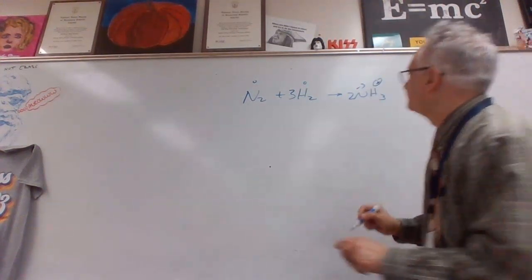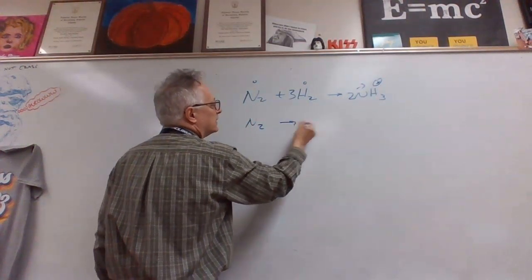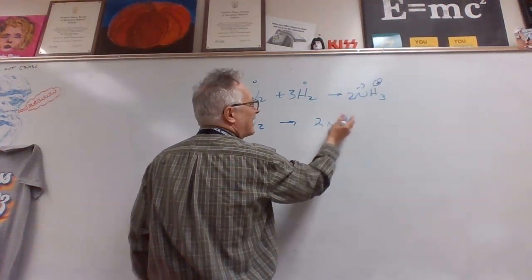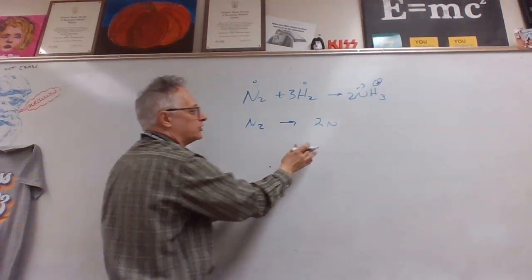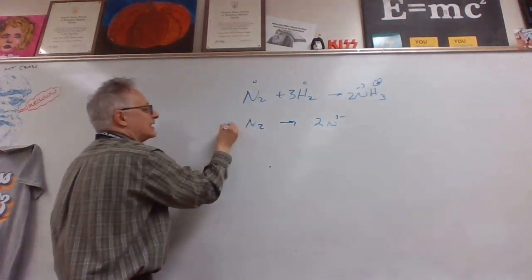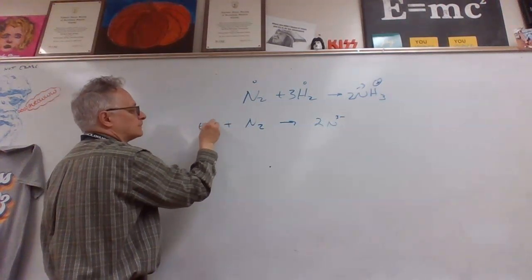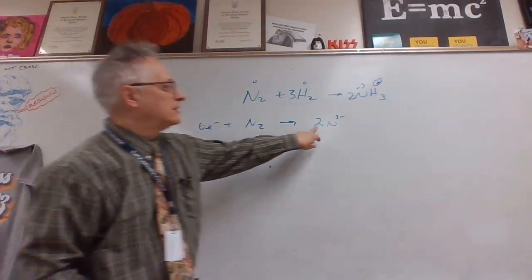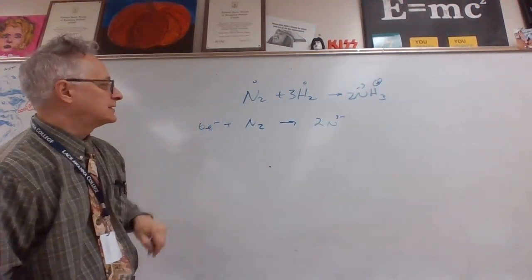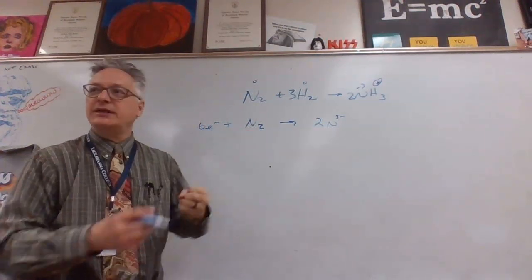So let's take a look. I have nitrogen, N2, turning into 2 nitrogens. I don't want you to think this is a real charge, but I'll just put it up here. So that had to gain electrons. We got 6 of them. So all of my numbers have to add up. 2 times -3 is -6, so 6 electrons. So we see that nitrogen is being reduced.